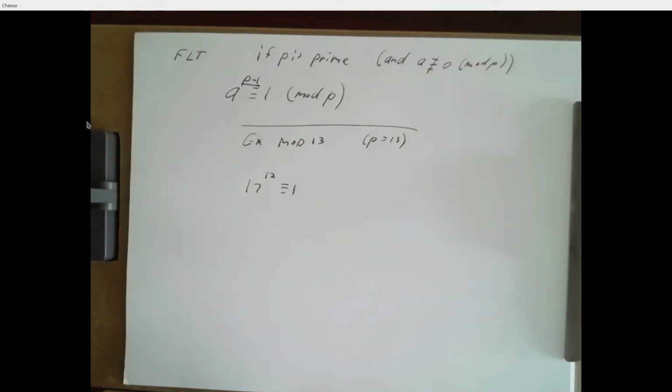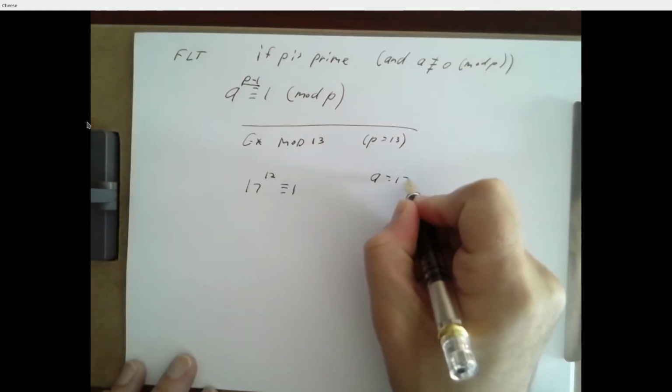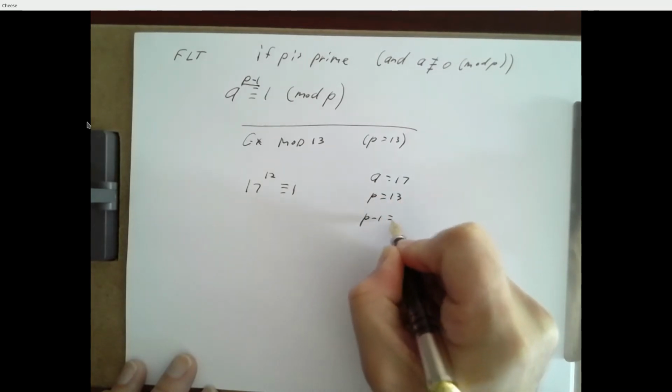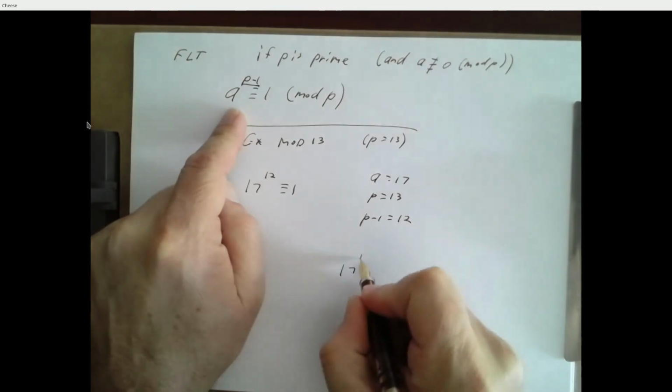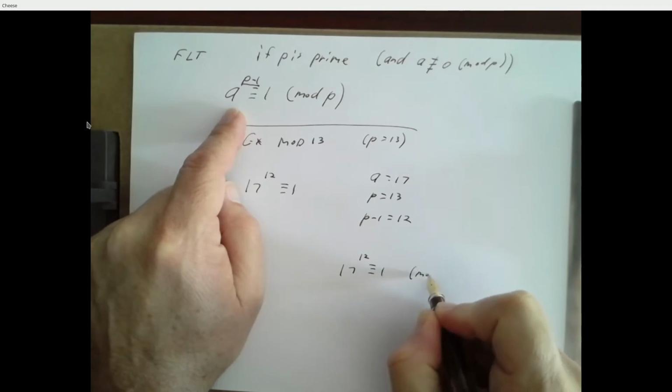And the formula is? A to the p minus 1 is congruent to 1 mod p. So I'm setting a equal to 17. I'm setting p equal to 13. P minus 1 is 12. So this formula says 17 to the 12 is congruent to 1 mod 13.